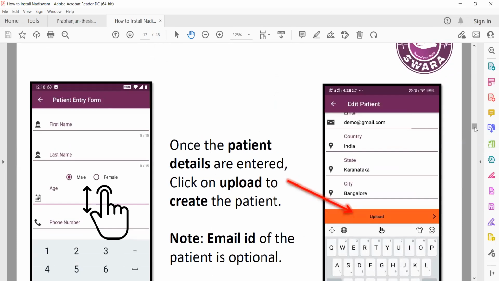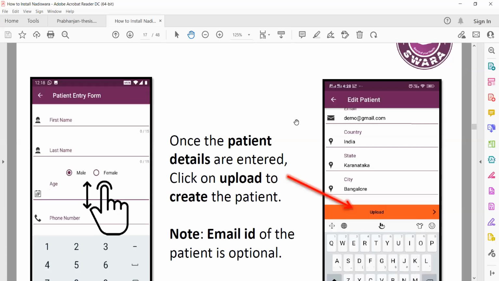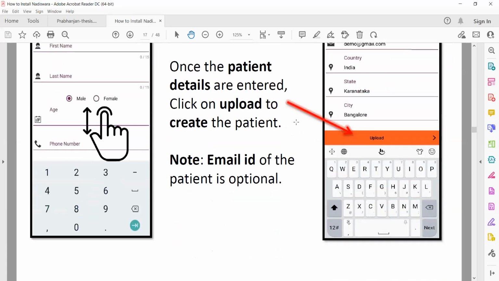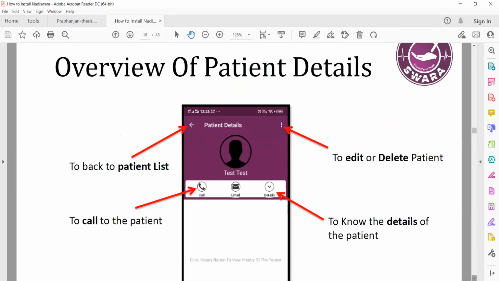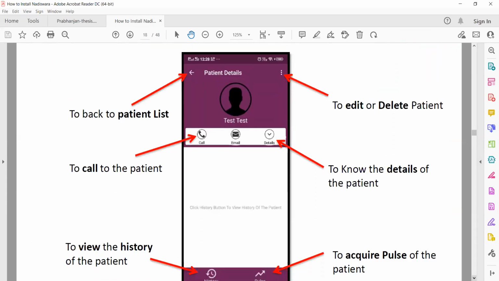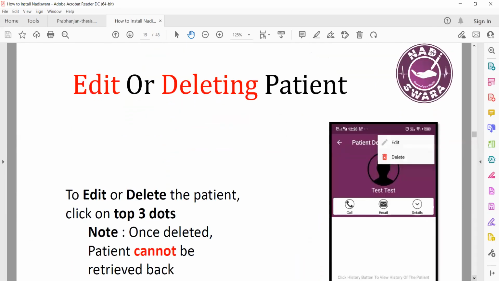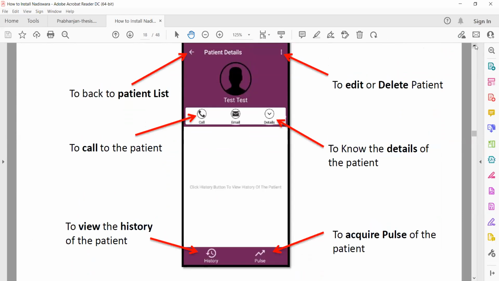It just asks the basic information like the patient name and his age and his contact number and the location. Once that is done, you can click on the bottom right icon for acquiring the pulse.